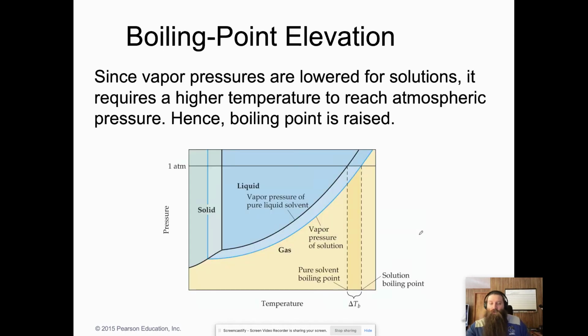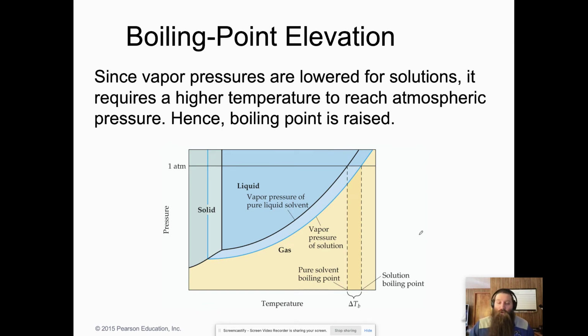Now, similarly, boiling points are elevated when you start adding solutes, and they're elevated for the same reason. When you add your particles in there are more forces of attraction, which means you have lower vapor pressure. When the vapor pressure is lower, it takes a higher temperature for your vapor pressure to be equivalent to atmospheric pressure.